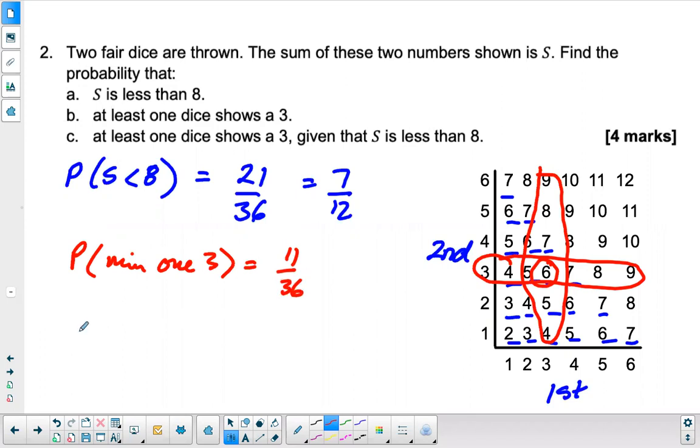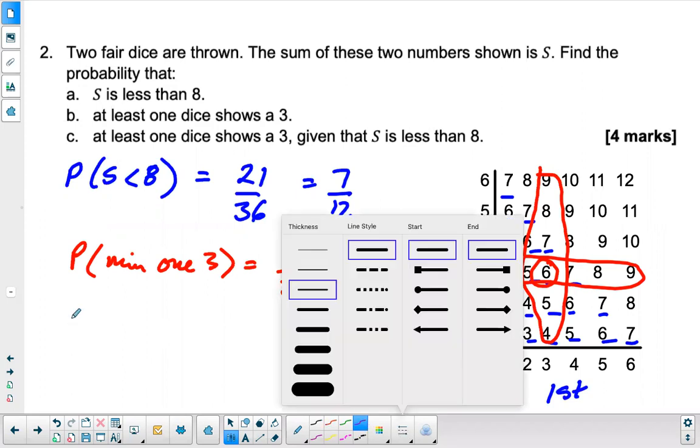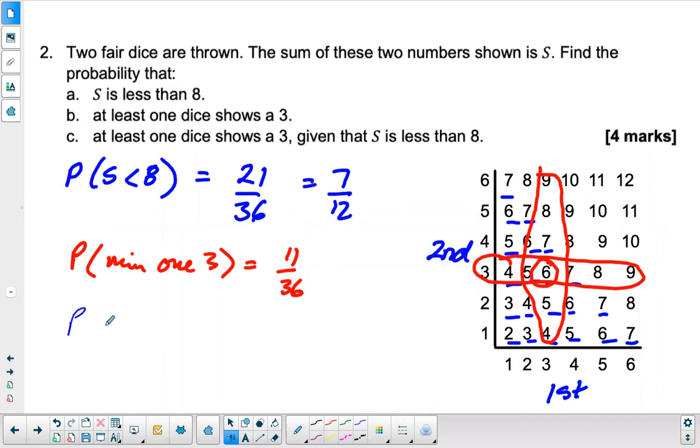And finally, we'll ask to find the probability of minimum 1, 3 given S is less than 8. So we're now only looking for the ones with the blue underline.